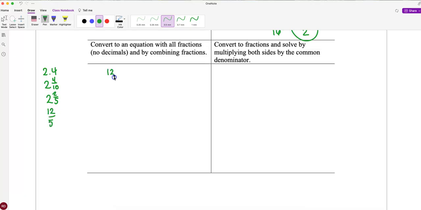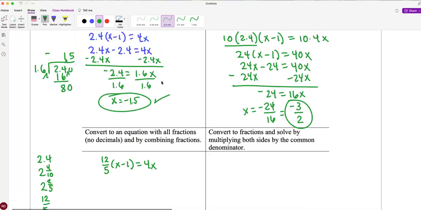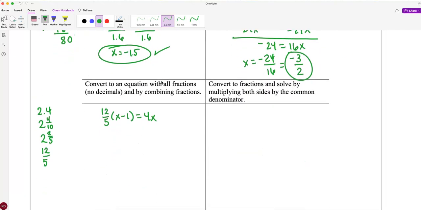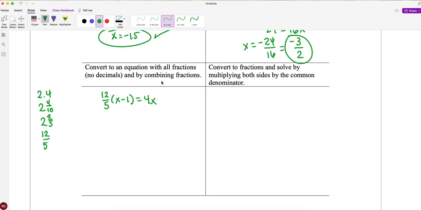So 12/5 x minus 1 equals 4x. Is that right? So if I distribute, 12/5 x minus 12/5 equals 4x, okay.